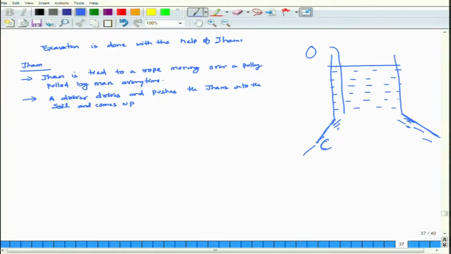As the well sinks, the friction on the sides increases.